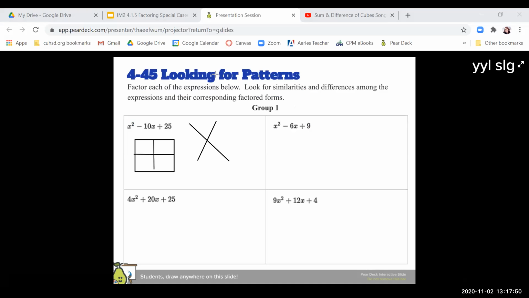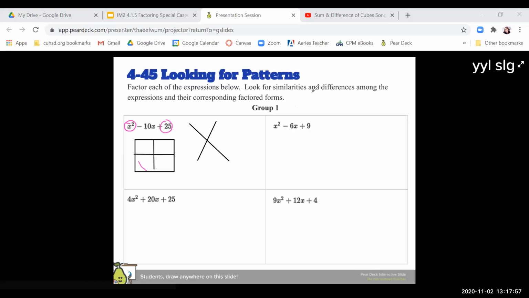Okay. And then remember, we get our first term and our last term, and we plug them in diagonally in our area model.